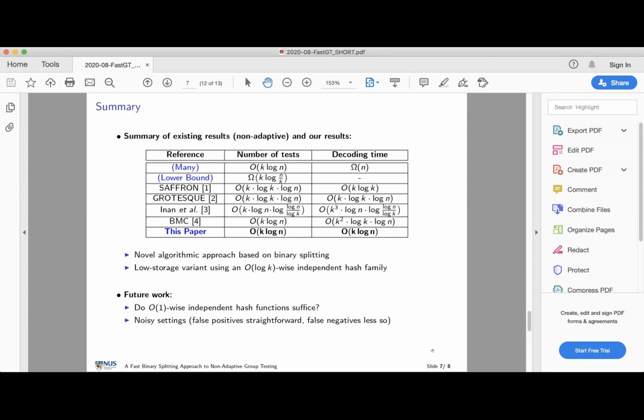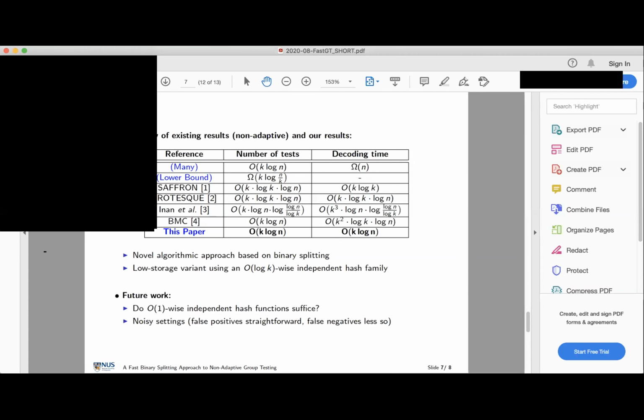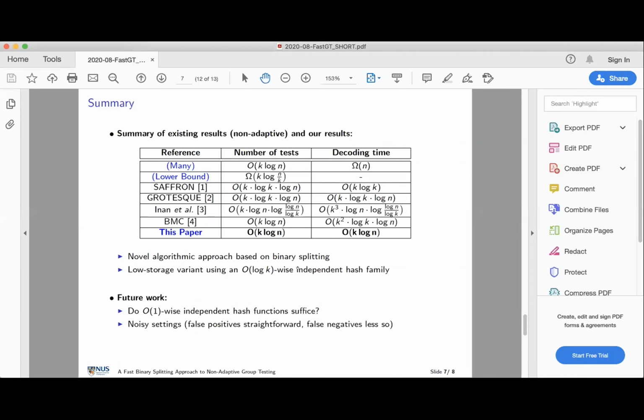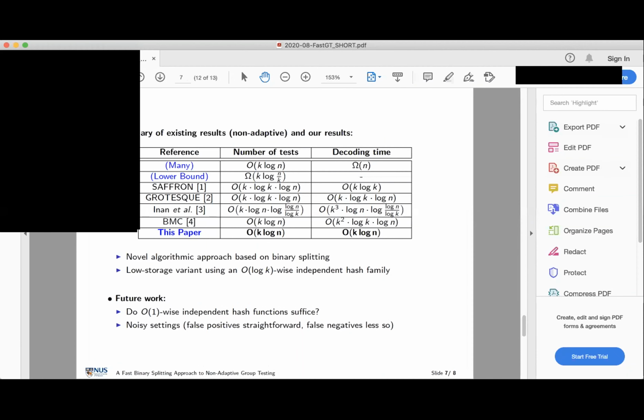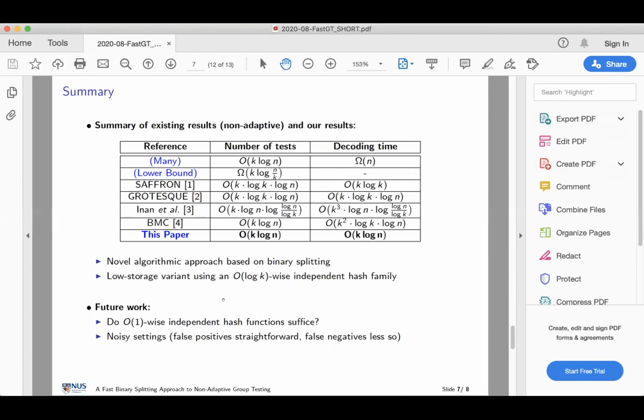Are there any questions? Again, you can either just type your question in the chat or unmute yourself and ask. I guess I have a quick question. These results are in the non-uniform model. Is there hope of getting a similar result in the uniform model using these techniques?